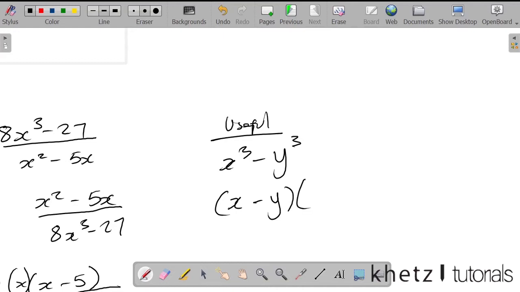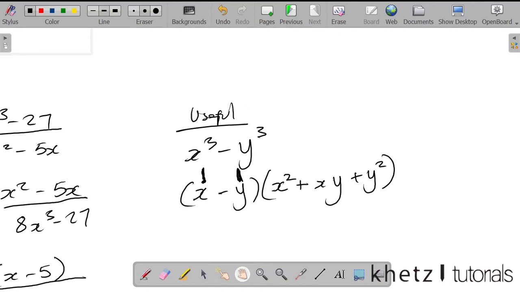Then in the second bracket, you put the square of this, and you put the square of that at the end. Then in the middle, you multiply this and that, and multiply by negative 1. So x multiplied by negative y is negative xy, and multiplying that by negative 1 gives you plus xy. That is what you have as the second bracket.